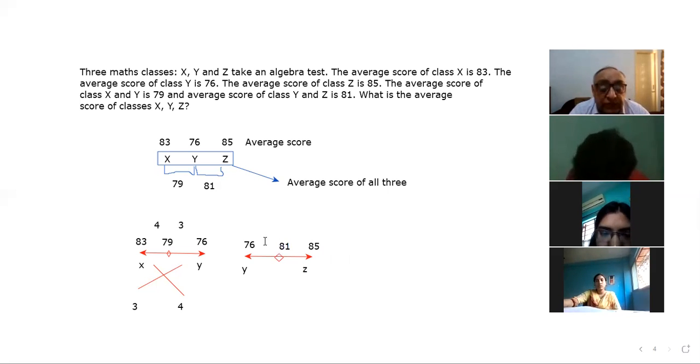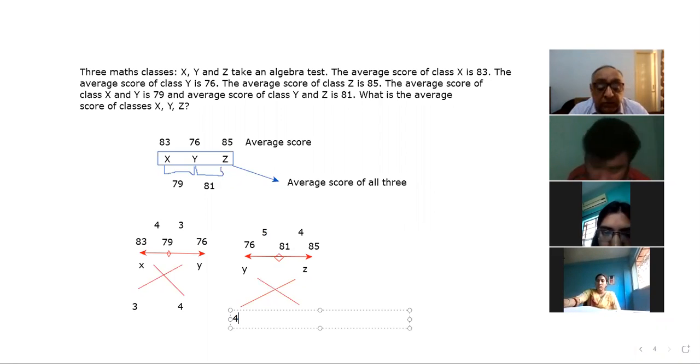The difference between 76 and 81 is 5, and the difference between 81 and 85 is 4, right? So how much is the ratio of Y and Z? That ratio becomes 4:5. Okay, beta.